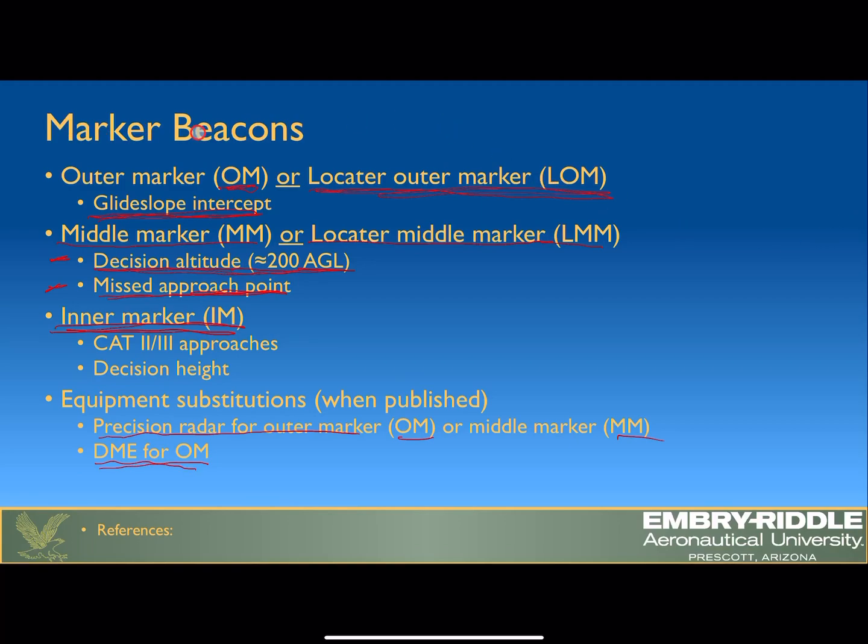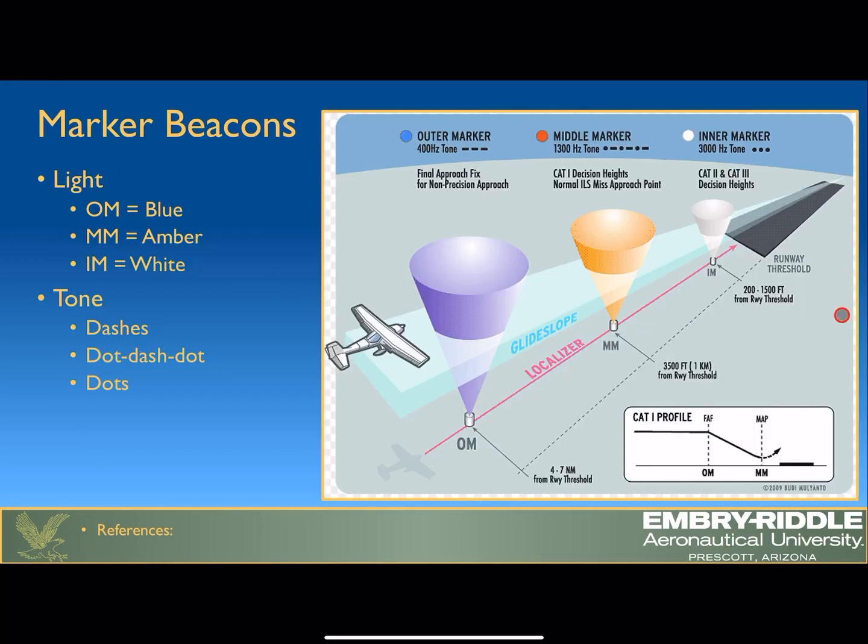So the marker beacons, again, are a type of radio frequency. These are stations that are shooting a radio frequency straight up. And our aircraft has equipment that identifies those markers. So again, it's meant to take a little bit of the guesswork, a little bit of the mental work out of the approach.